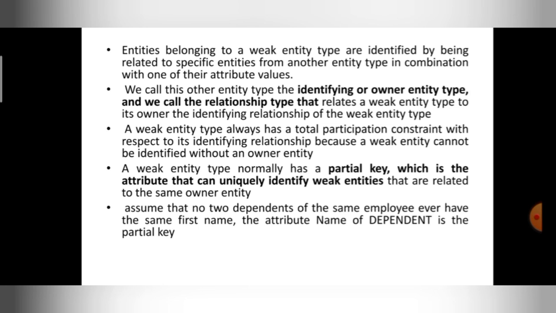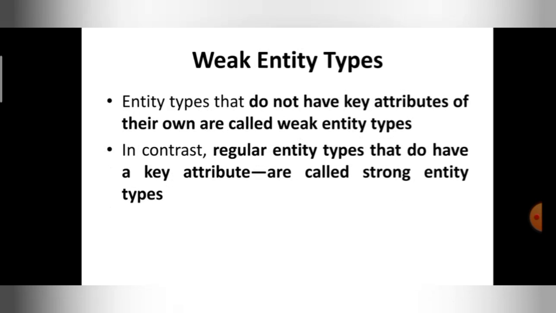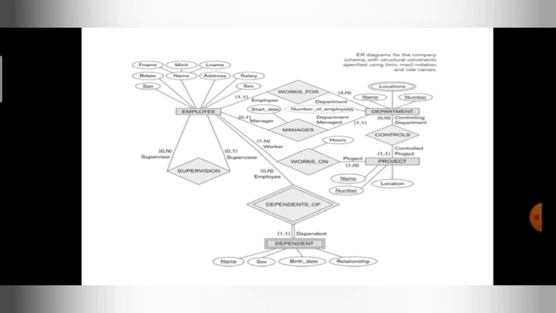And one more important thing: between the strong entity and the weak entity, there will always be an identifying relationship, and also total participation between the weak entity and the strong entity. For example, you can see the identifying relationship between the dependent and the employee is called dependents of. Dependents of is the identifying relationship. You can identify the dependent through the employee.